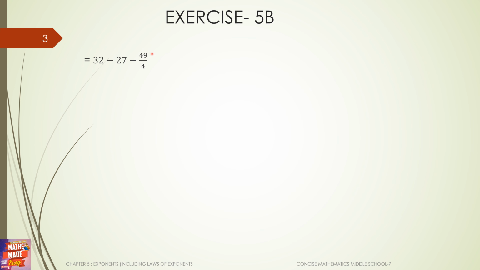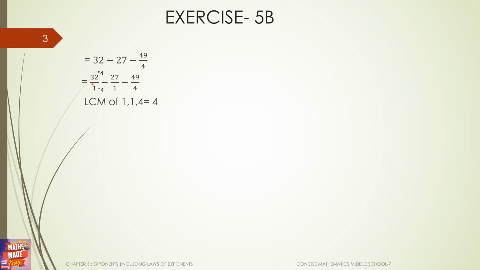Since here it is a fraction, the remaining two should also be in fraction form. So I am going to take the LCM. If nothing is there, we can change it into a fraction by placing 1 in the denominator. Now take the LCM of 1, 1 and 4. So when you take the LCM of 1, 1 and 4, it's 4. I have already taught how to take the LCM in my previous video.